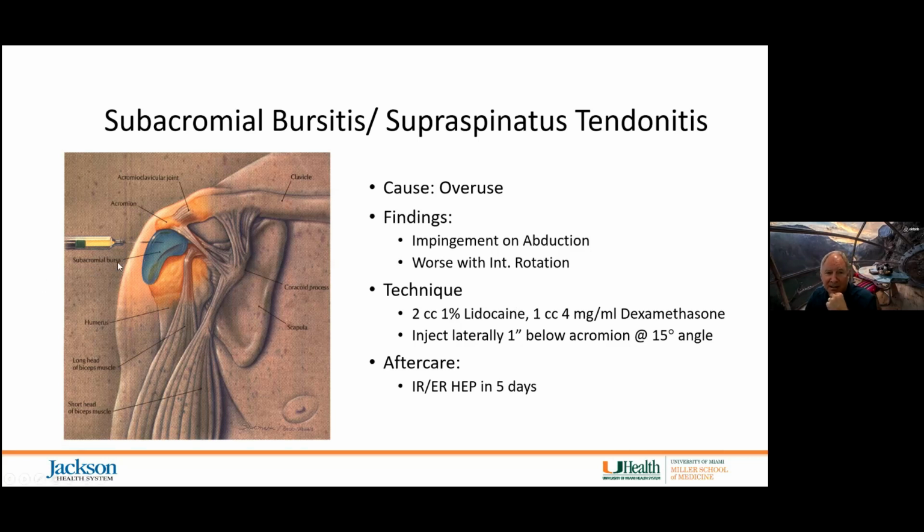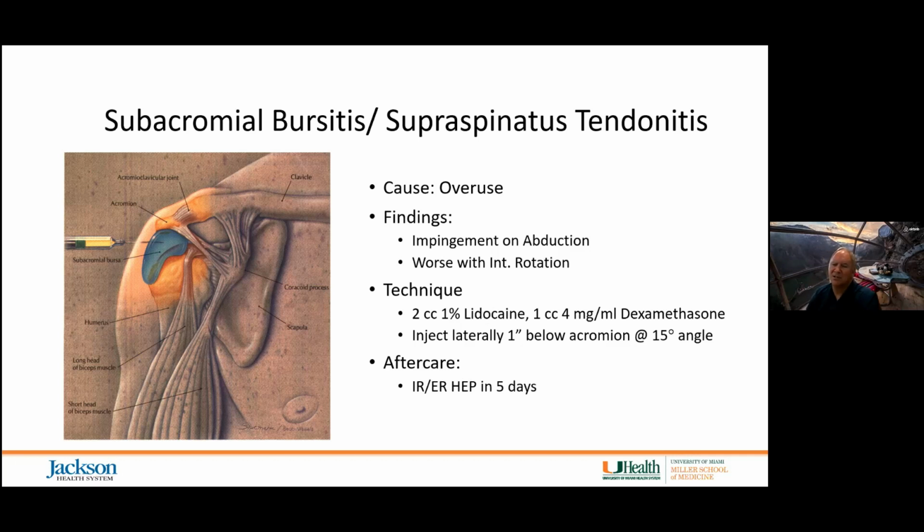As you get your needle in, you're going to aspirate, making sure you're not in a vascular space. Then typically I will put 2 to 3 cc's into the subacromial bursa, and have them recognize they need to take it easy. They can't overdo it for the next 3 to 5 days.